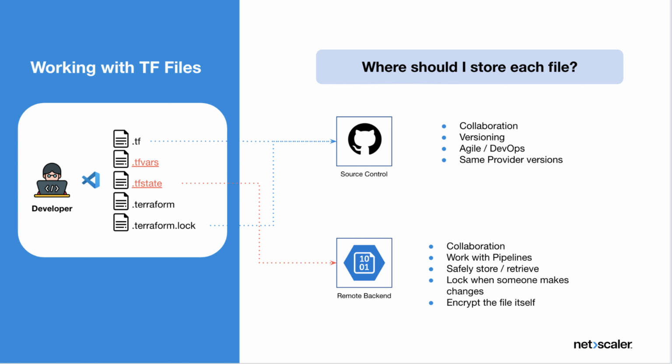But also, apart from that, these files, especially the TF-state file, need to be accessible from Terraform itself. Whenever we are executing a pipeline, this state file should be accessible. So we need to have these files safely stored. These files need to be encrypted, but should also be accessible.